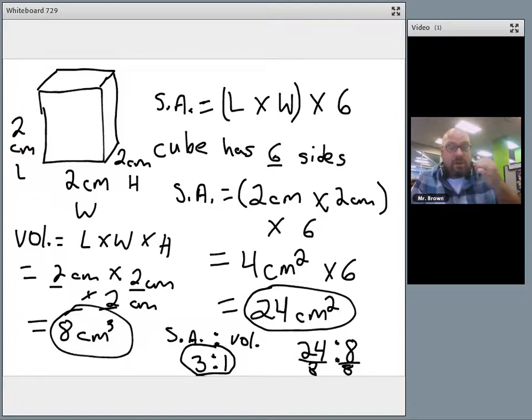The larger cells are actually going to have the smallest ratios. The smallest cells are going to have the largest ratios, because the smaller cells have more membrane to be able to transfer their nutrients. The larger cells aren't going to have as much membrane, so they're not going to absorb as many nutrients.